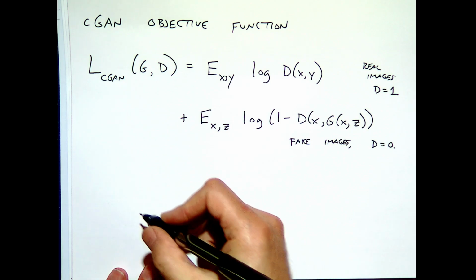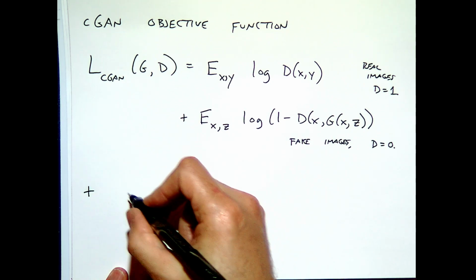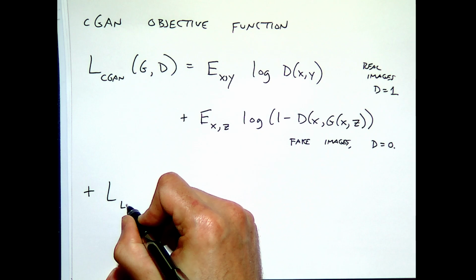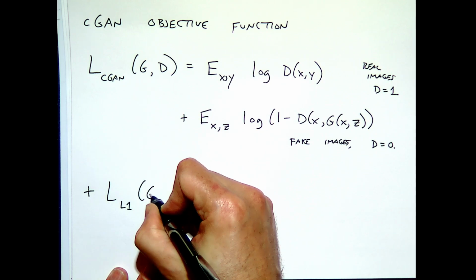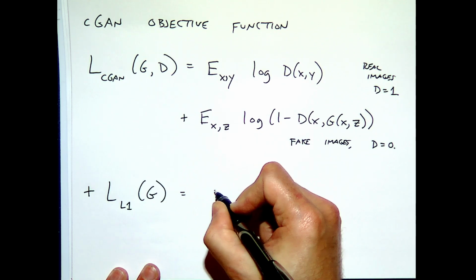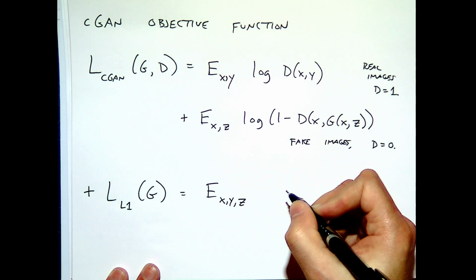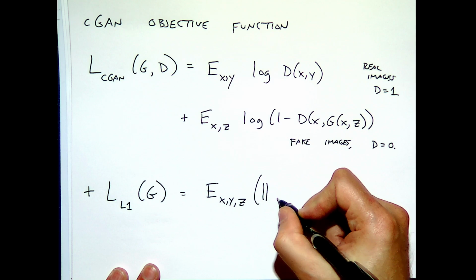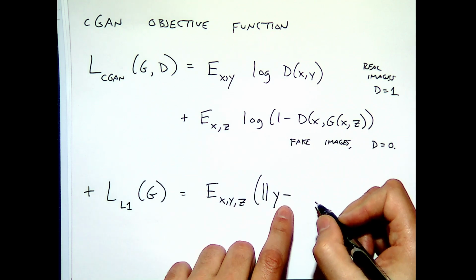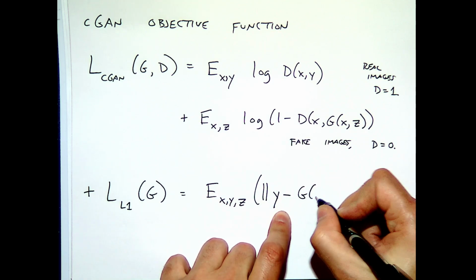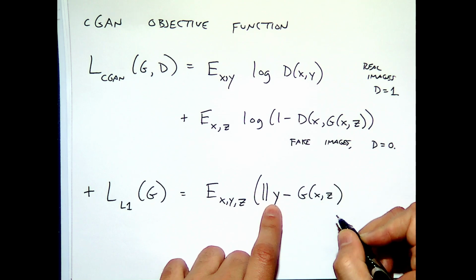And then, in addition to that, there is another loss that the authors added, which is basically this L1 loss just on the generator. It's basically saying, I want to minimize the difference between the generated output image and the real output image.